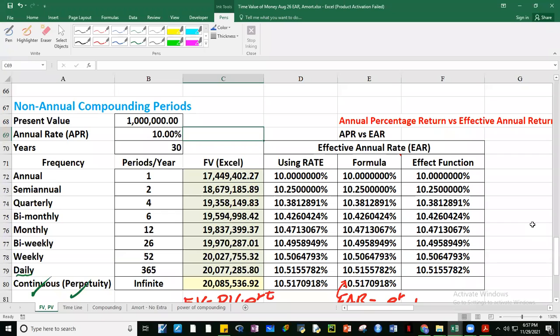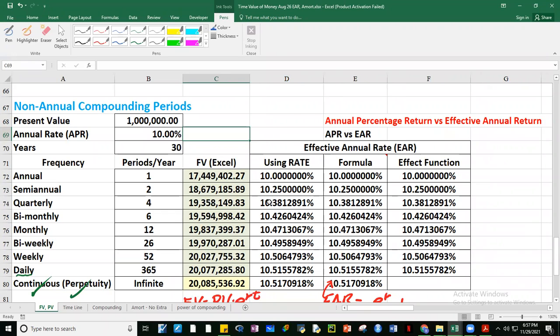Mas mataas kasi, nagpatong ka pa ng interest sa interest, which means the interest will earn interest. Therefore, pag na-compound yan guys, mas malaki.